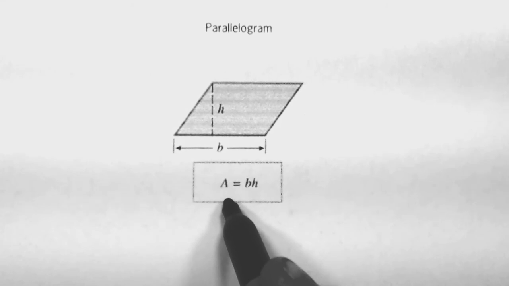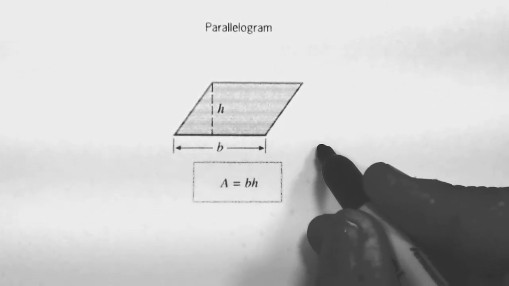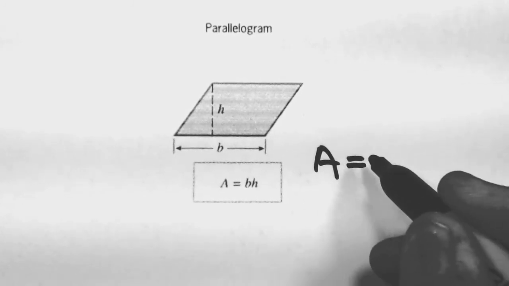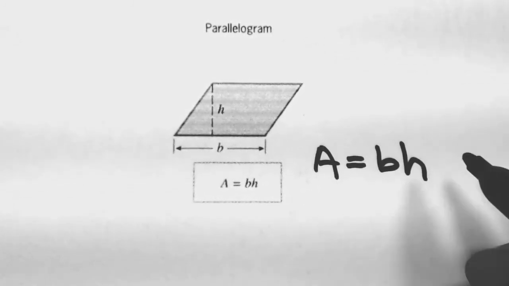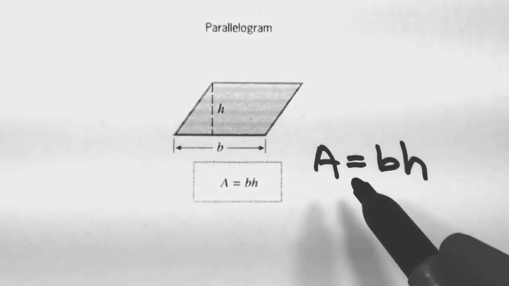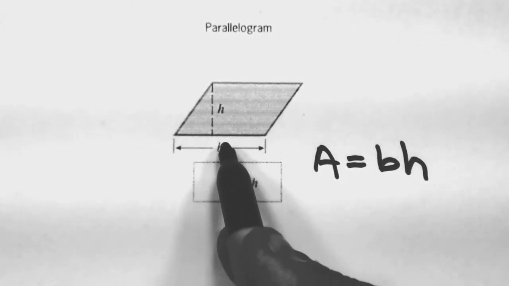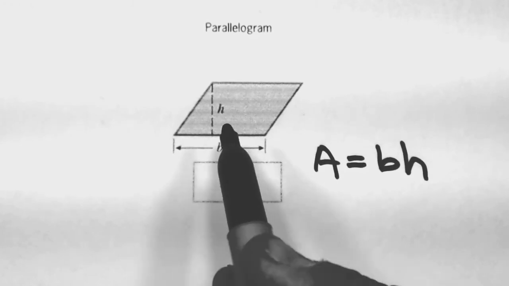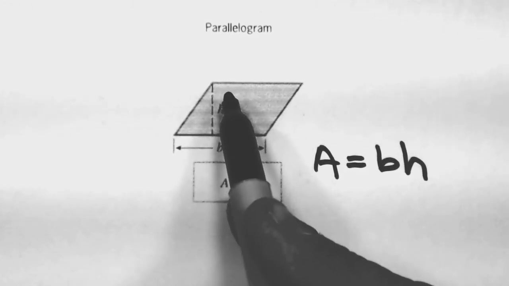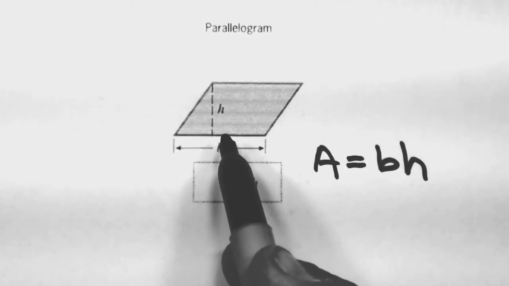And what you want to be familiar with here is the area. And the area of a parallelogram is simply A equals base times height, or A equals BH. Well, the base is just this side that the parallelogram is resting on, and the height is any place from the top straight down to the bottom.